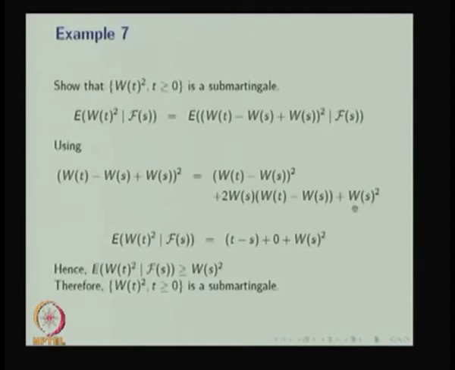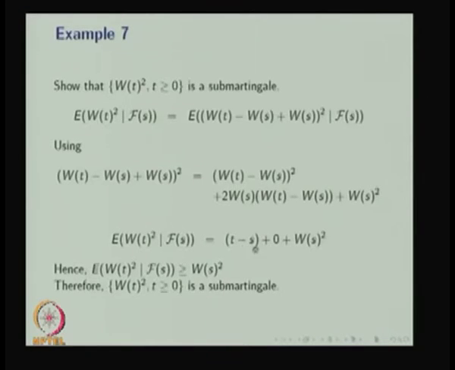The third term, the conditional expectation of W_s whole squared given F_s, is nothing but W_s whole squared, because you know the information till time s, therefore W_s whole squared has to be treated as a constant. Expectation of a constant is the constant. Hence, the expectation of W_t whole squared given F_s is nothing but t minus s plus 0.